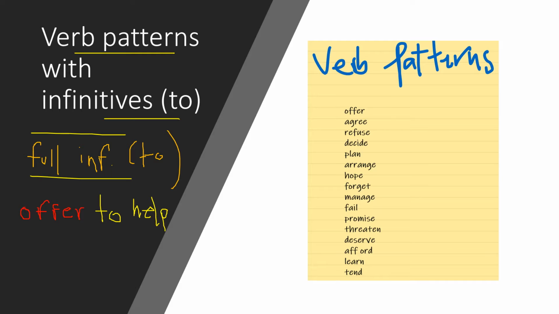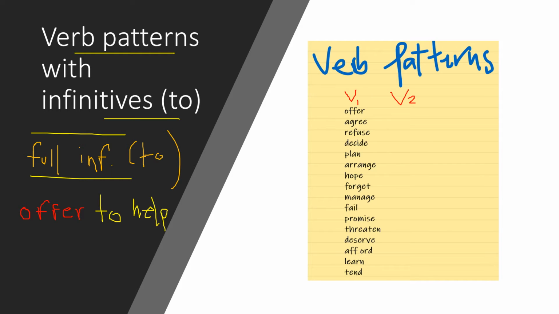Well, let's get it. Here we can see the list of verbs that will take this in the second verb. So this is the verb number one. Remember, the verb patterns is when you have two verbs together, right? That's the idea. When you have two verbs together, now look at this in the second verb.